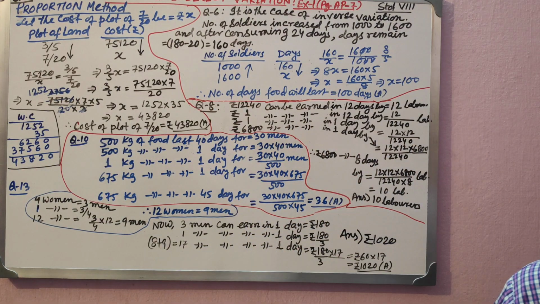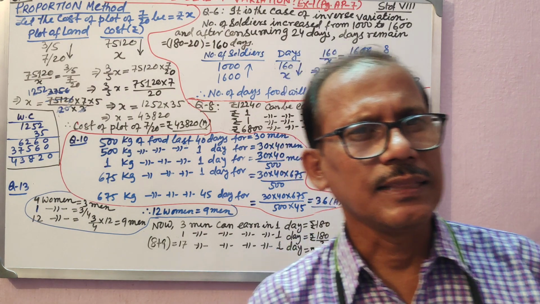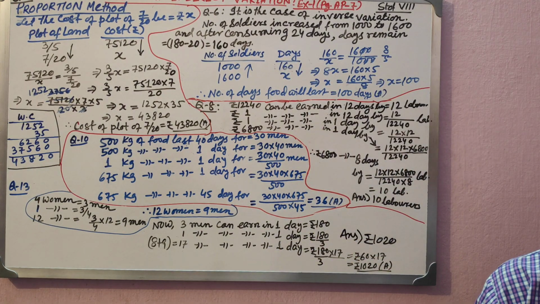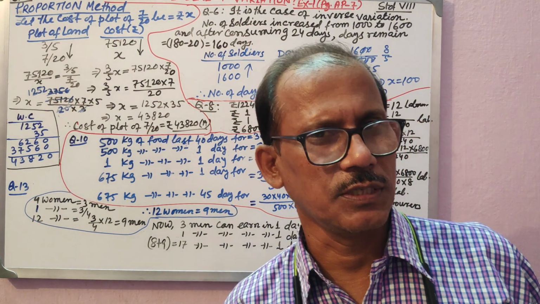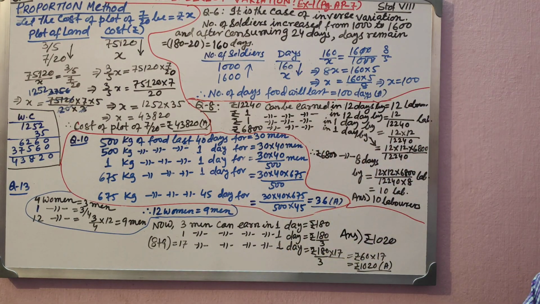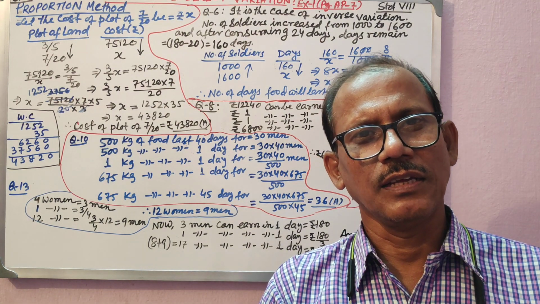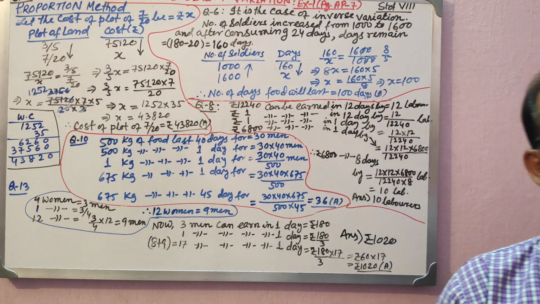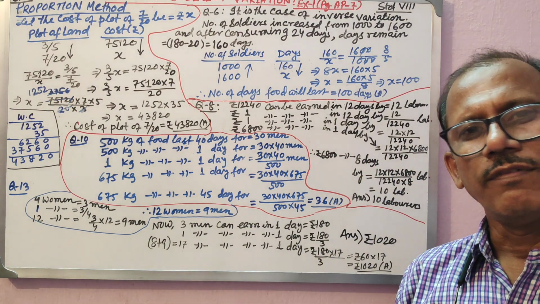Suppose you are purchasing 1 dozen pens, paying 100 rupees, and then you need to purchase 5 pens at the rate of 1 dozen pens costing rupees 100. Naturally, once you are purchasing 5 pens at the rate of 12 pens costing 100 rupees, you need to find out the value of 1 first.